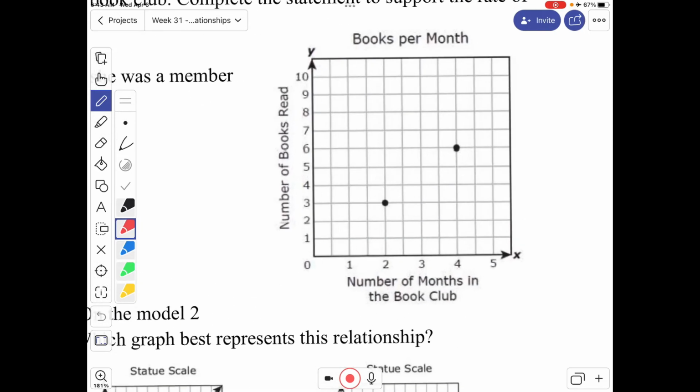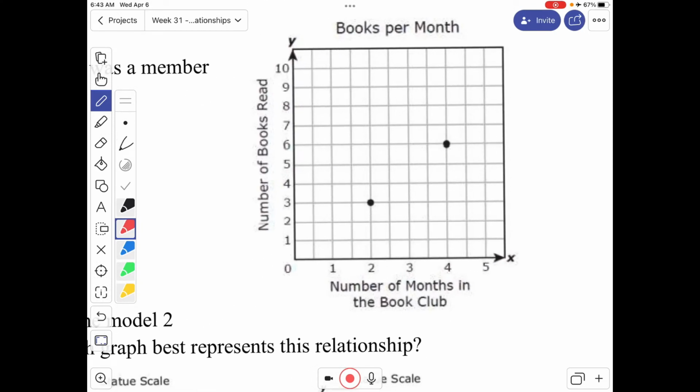Well, if you use the graph and look really closely at the words, the y is representing the books and the x is representing the months. So this first one is 2 months for 3 books.